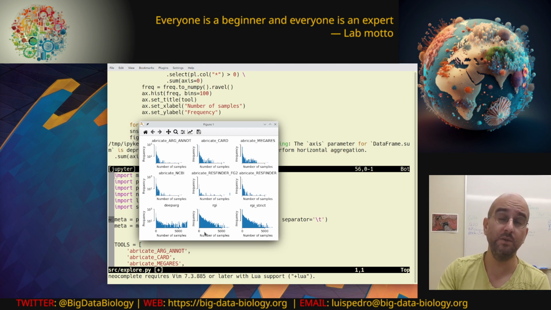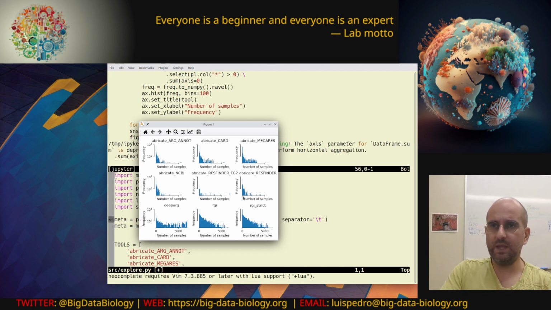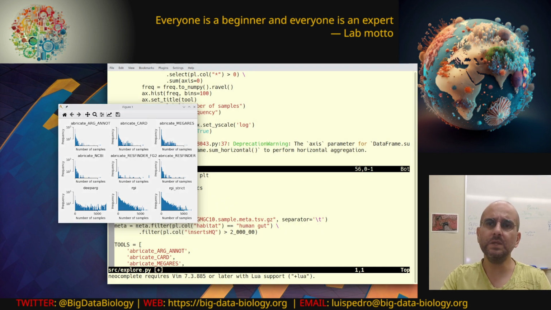If a gene appears in 17 samples, it's probably not even going to co-occur with many other genes. On the other hand, a gene that appears in all the samples is also not very informative for our purposes. So we will be focusing on the middle ground.